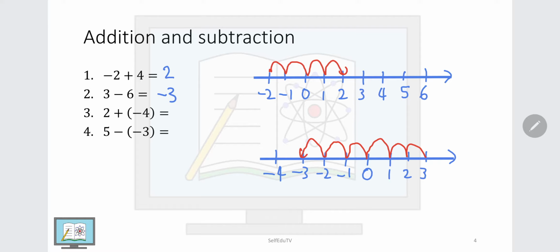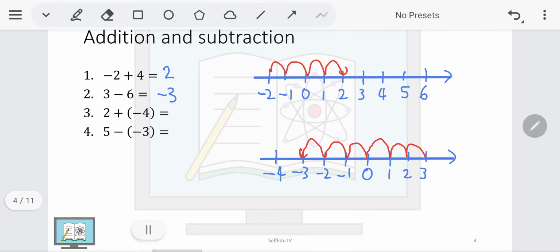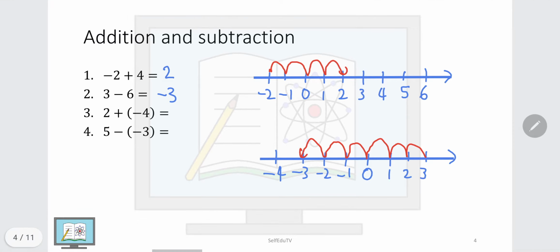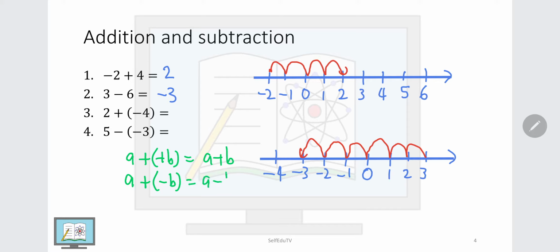To answer the third one, you must be able to recall this rule. If you add a positive number, a plus positive b, it will be a plus b. A plus negative b will be a minus b.